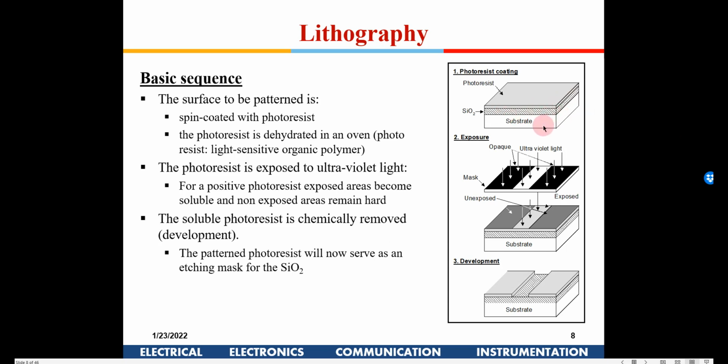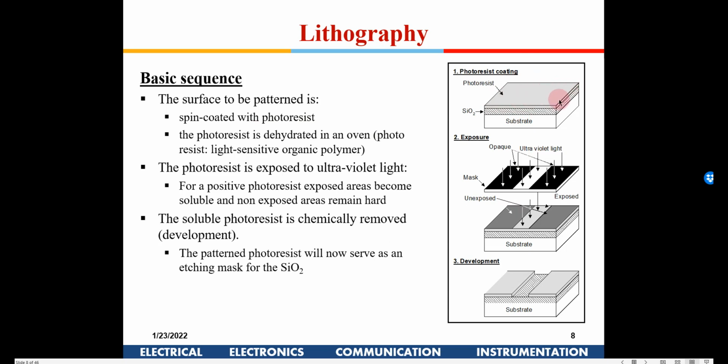Either we heat it and pass oxygen or steam, so that the oxygen reacts with the substrate, and you have a silicon dioxide layer here. Once that is done, you have a spin-coated photoresist. That means through a spinner you apply the photoresist. So you have the substrate, silicon dioxide, and on top of that the photoresist.